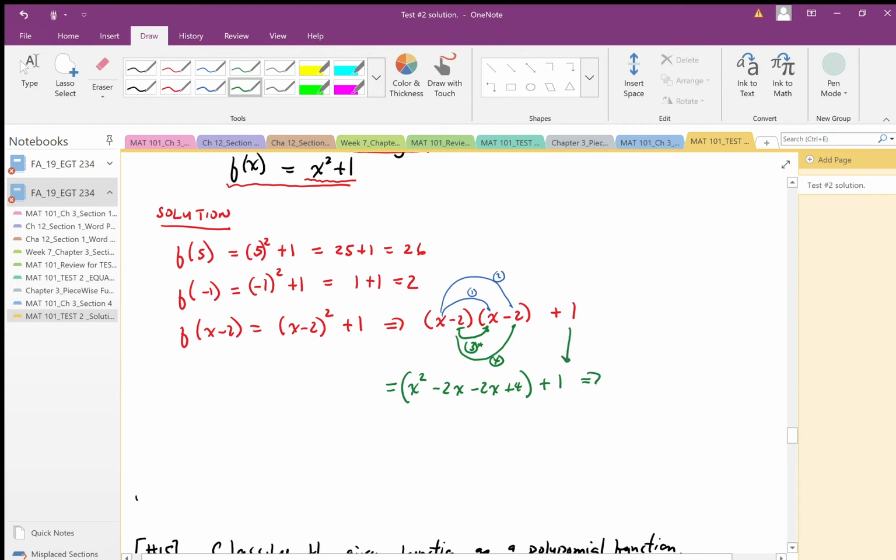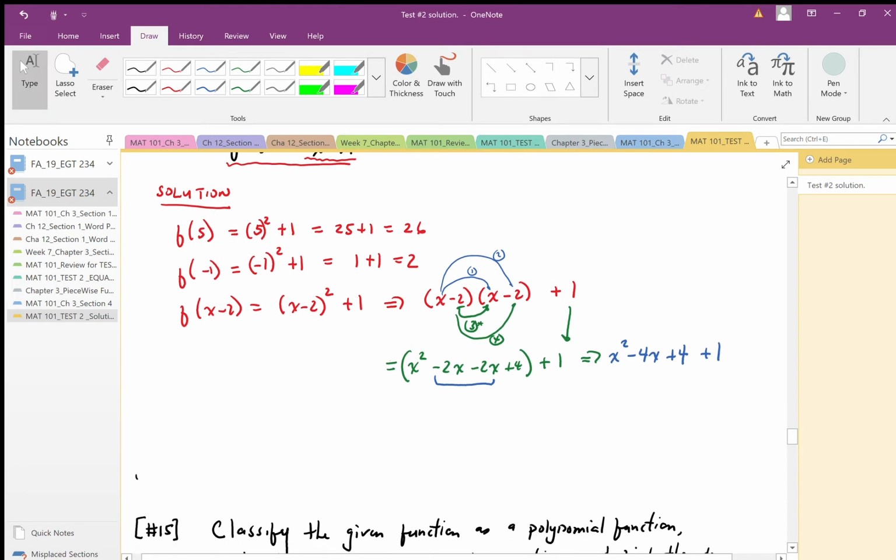When we go further, we can now say that x squared minus 4x, because I'm adding these two up, plus 4 plus 1, okay? So now I could say that my f of x minus 2 equals x squared minus 4x, and then this 4 plus 1 happens to be 5. Okay, so these are my answers.